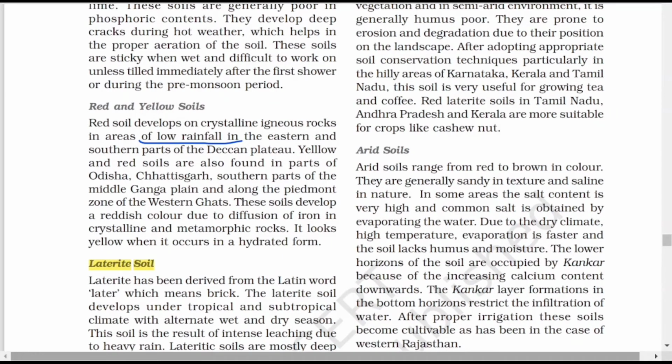Look at the appropriate soil conservation techniques. Do you know what type of agriculture we need to follow in the hilly areas? Anyone? Terrace farming. Yes, correct. We must go for terrace cultivation, means cutting the slopes into steps.